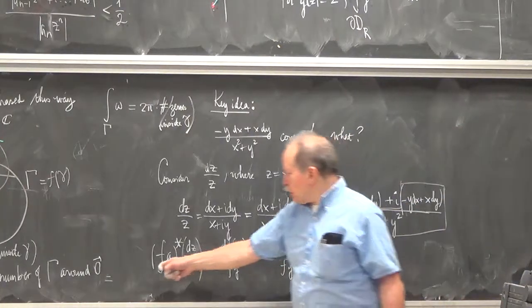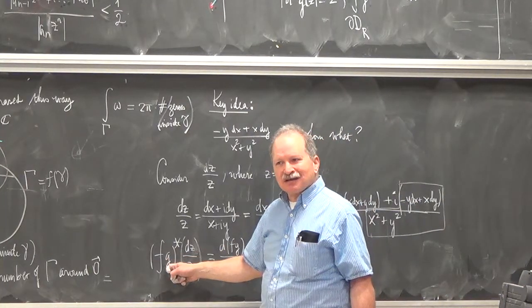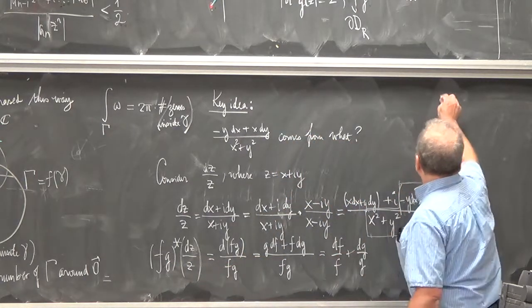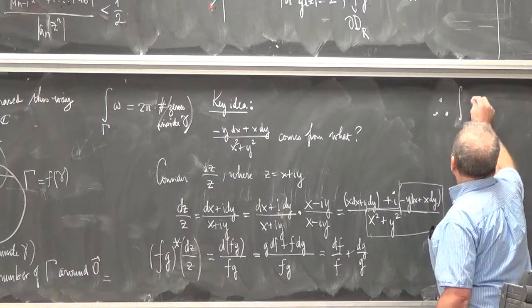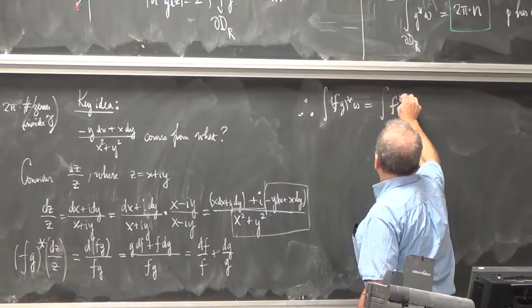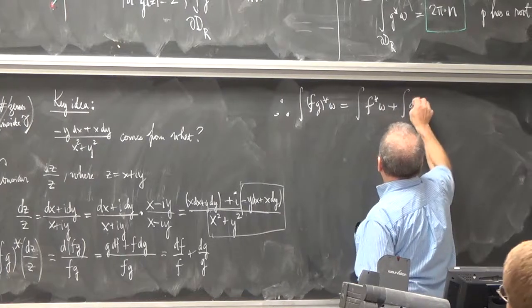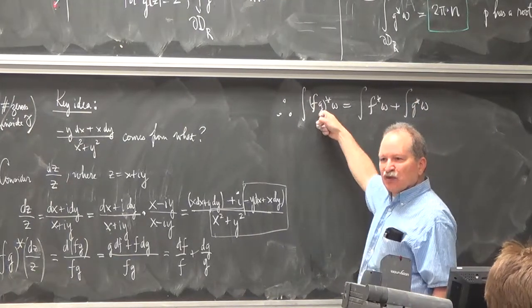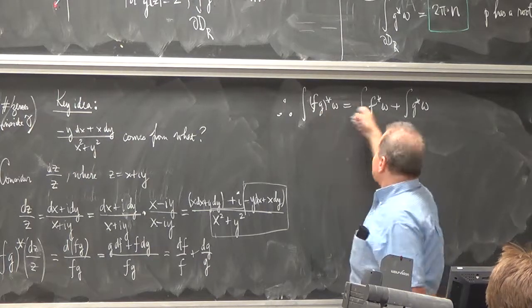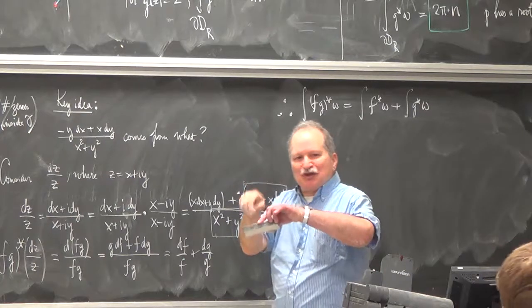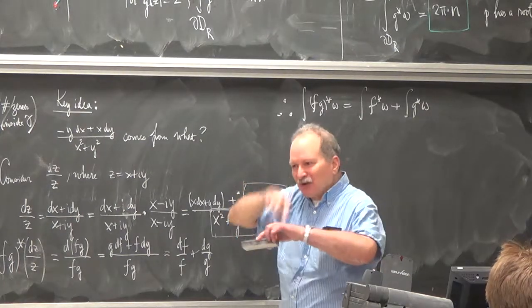This tells you that if you multiply two functions, the integrals, when you pull back omega, are going to be the sum of the two integrals. So that's going to tell you that the winding number of the product is the sum of the winding numbers.